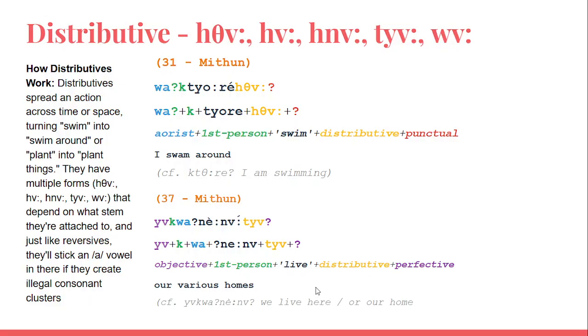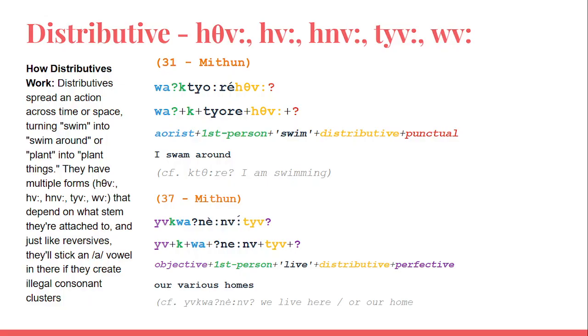So this is probably why this was in that section, because it's in there with live. And because it's distributive, it's essentially like our living spaces that were created, and they're using the perfective because these have been our homes. There was an action that made our homes this way, so we are here, and this is our community.